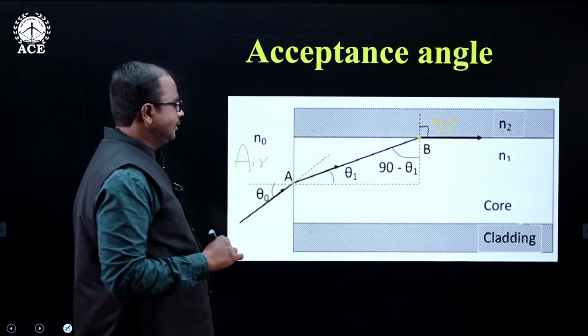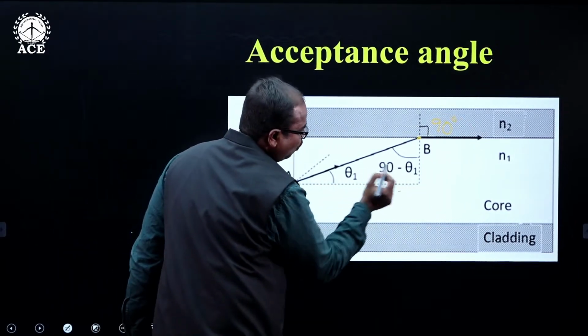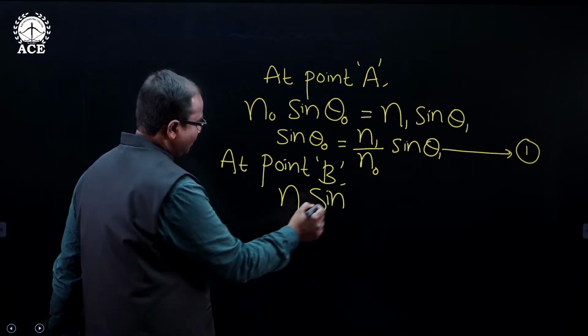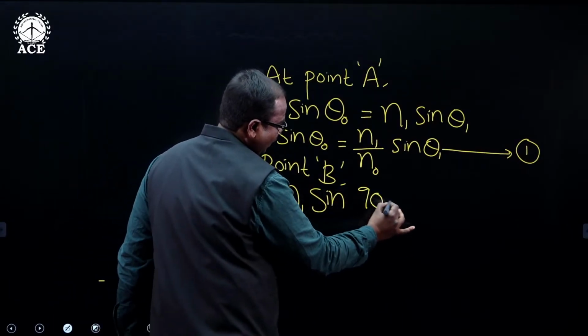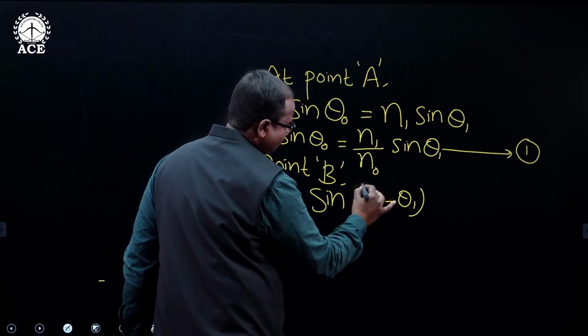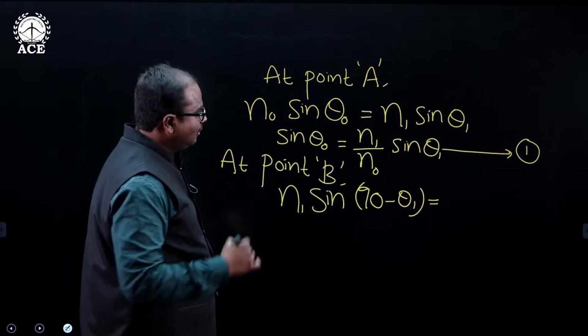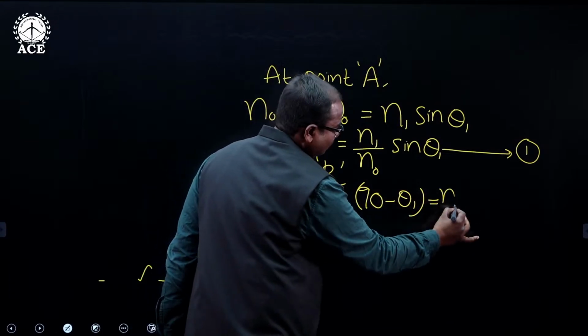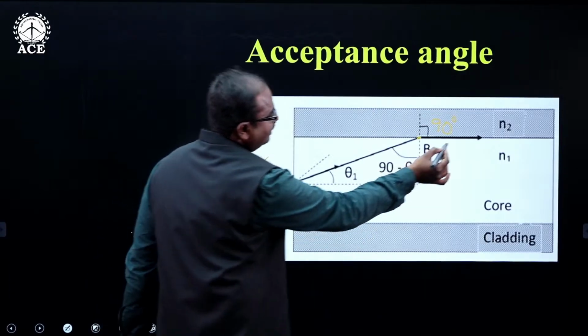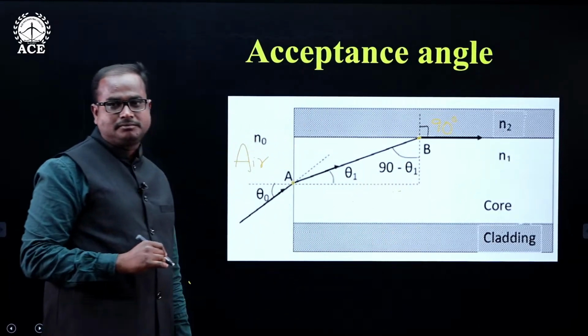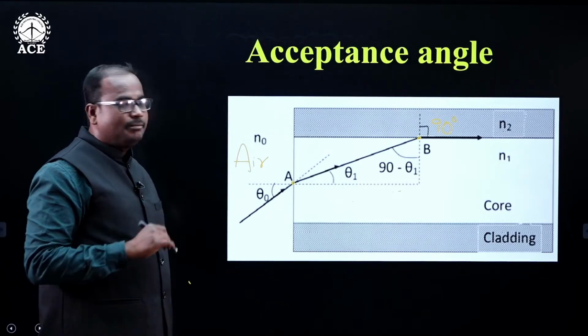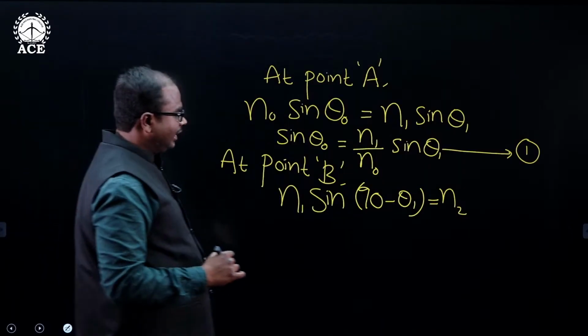This angle is 90 degrees. So, what is the angle made in this core medium? That is 90 minus theta 1. So, N1 sine of 90 minus theta 1 is equal to the refractive index of cladding, N2, into sine of the angle made in the cladding medium, 90 degrees.